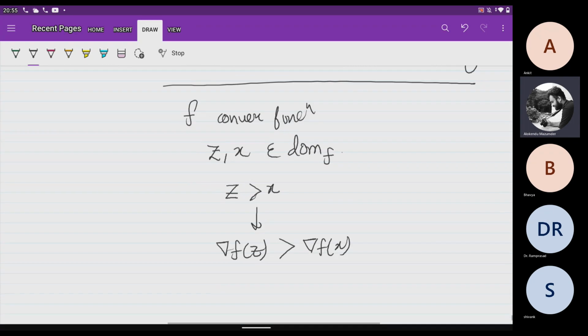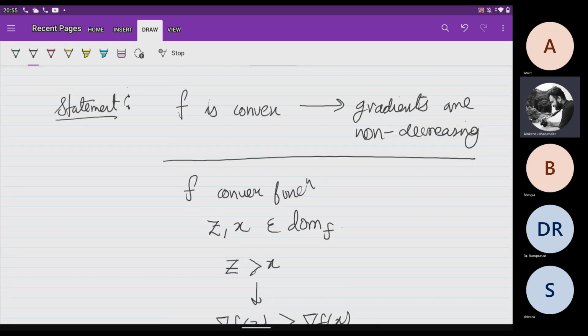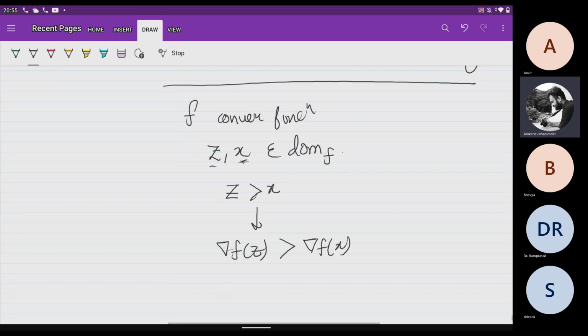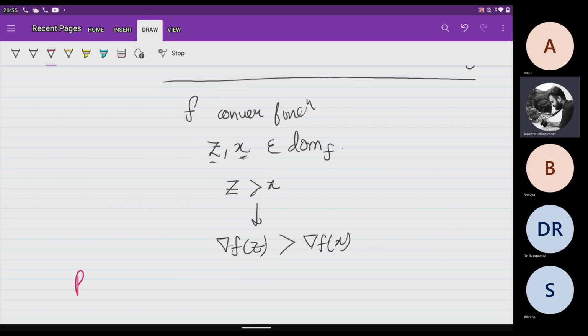This is the meaning of this statement. It's basically a simple proof.